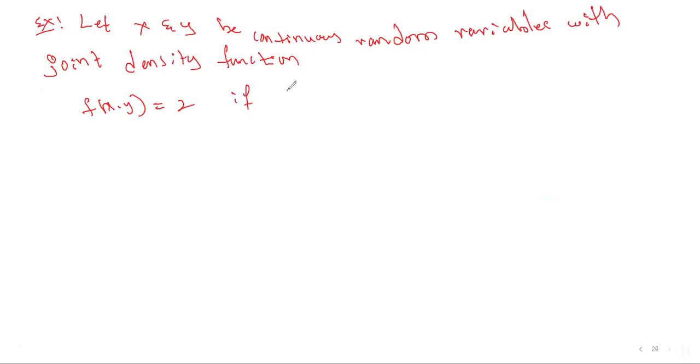First, the range of y they mentioned: range of y is 0 less than y less than 1 minus x, and they mention range of x also 0 less than x less than 1.